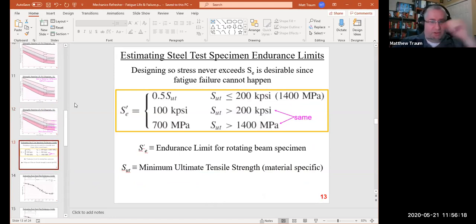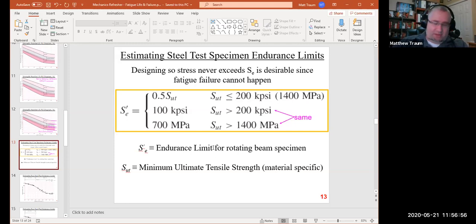Okay, so how do we come up with the SN diagram, and how do we ultimately use it for something beneficial, to estimate the endurance strength of a real part that we would design into a system that's actually getting used? There's a term called S prime E. S prime E is the endurance limit for a very specific type of specimen, a rotating beam specimen.